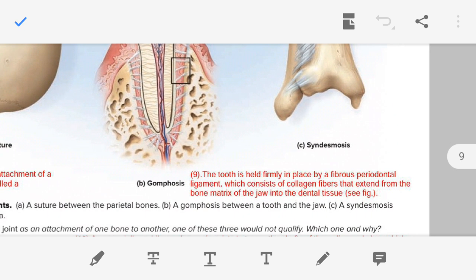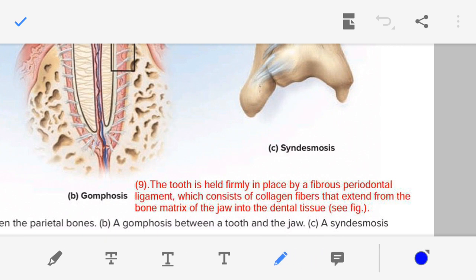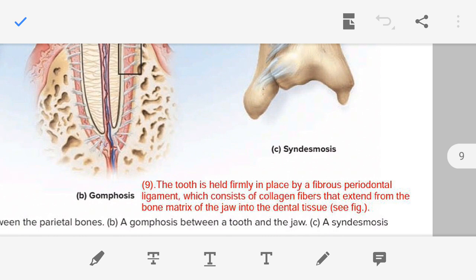Now our teeth are held firmly in their position. They are fixed at one place in the upper jaw and the lower jaw, and the teeth are not moving that much. Slight movement is possible.